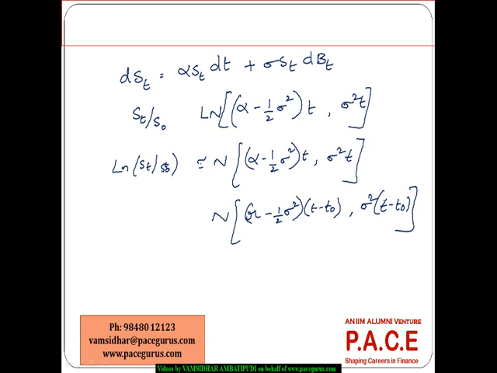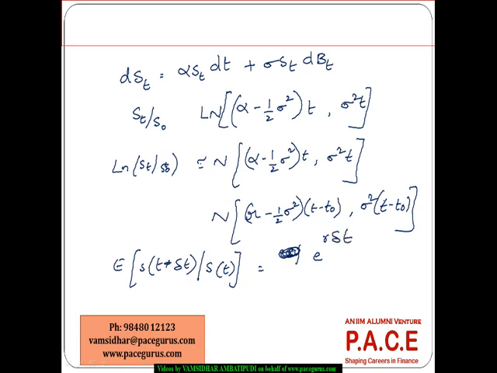So from this I can find out the expected value of S at t plus delta t, given St, which is nothing but e to the power of r delta t.